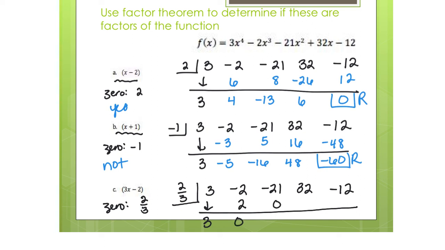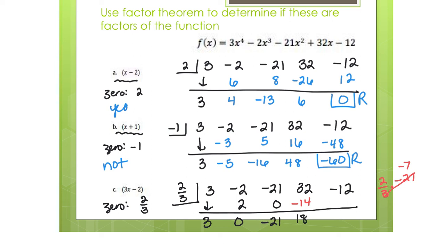Multiply. Again, as we multiply, we're multiplying two-thirds by negative 21. 3 divides into 21 7 times, so that gives us negative 14. Add that together.